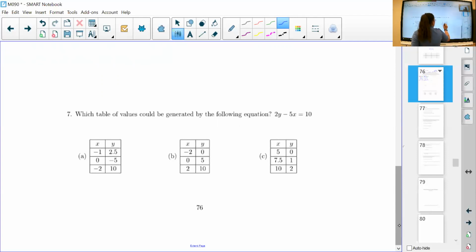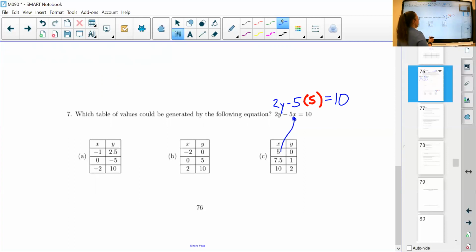I'll plug in x. So I'm just going to plug in 5 for x. I have 2y minus 5 times 5 equals 10. 2y minus 25 equals 10.